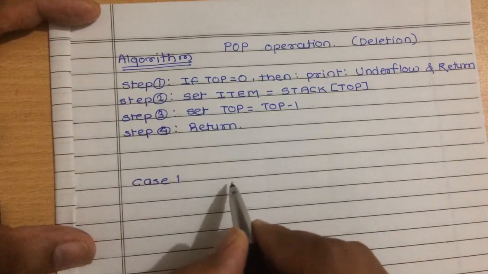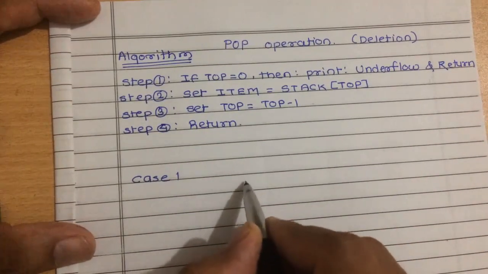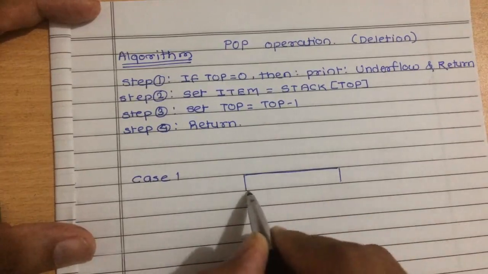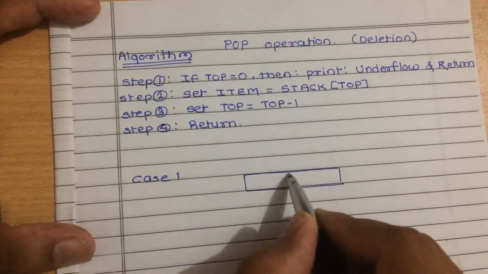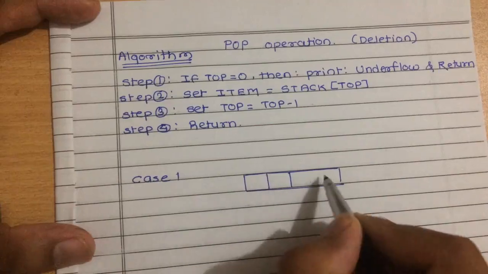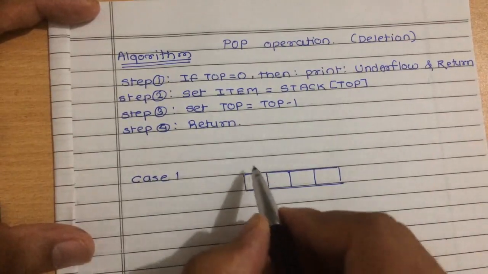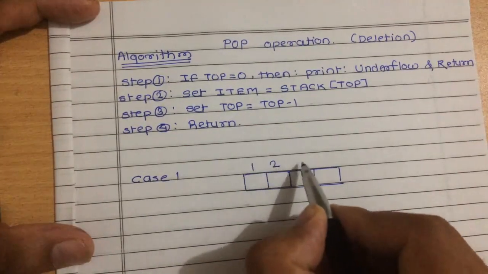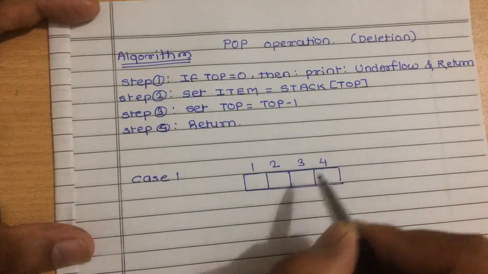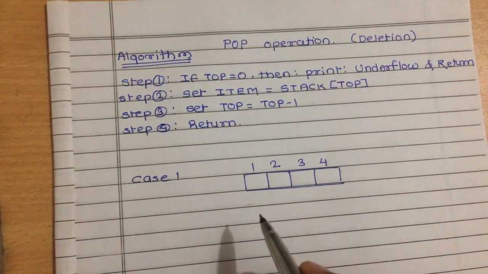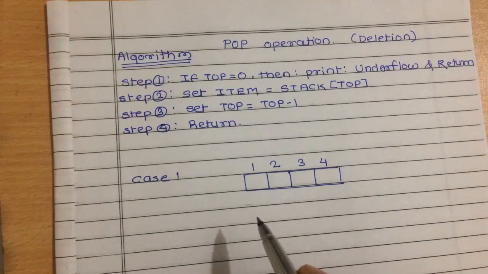Just consider that we are having one linear array. This is called the array representation of stack, having 4 elements, or the size of stack is 4. In this case we are having 2 variables.